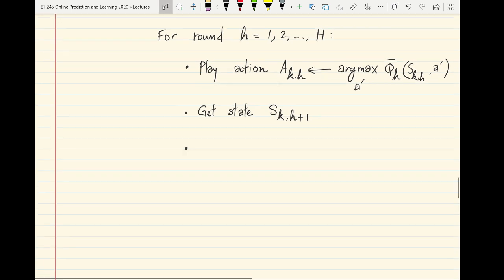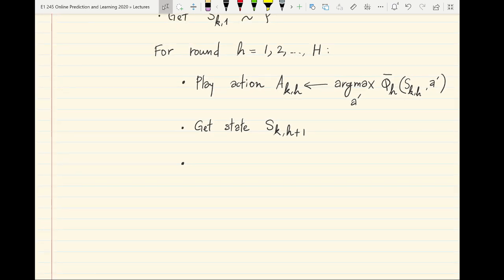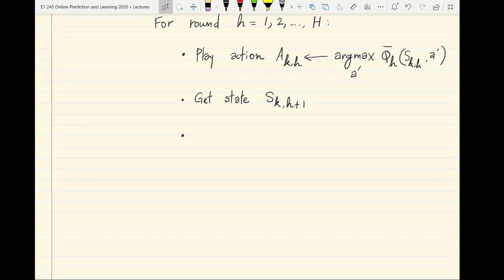If R is not known, it can be easily extended to cases where R is not known, but that's not going to affect the complexity of the result. So set T to be N_h(s_k^h, a_k^h).